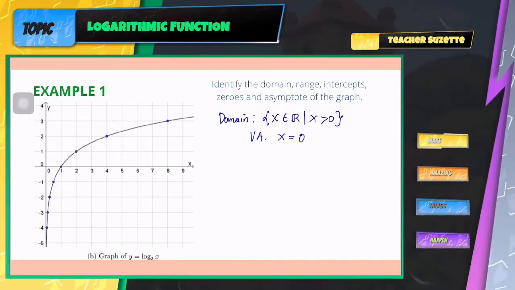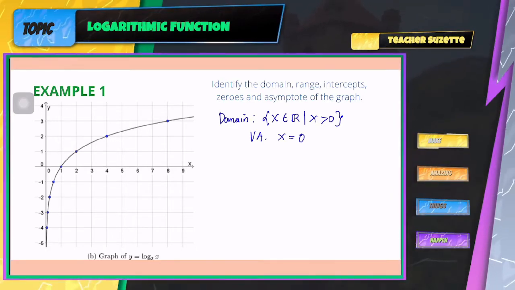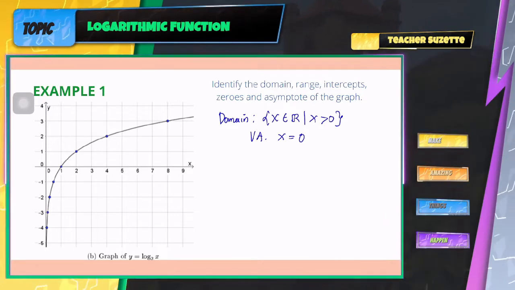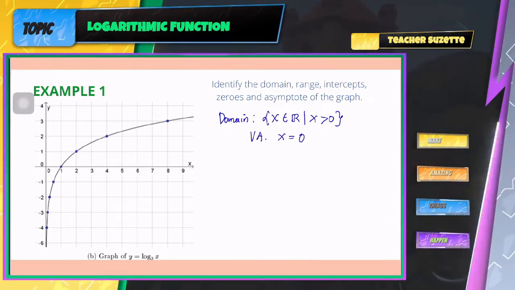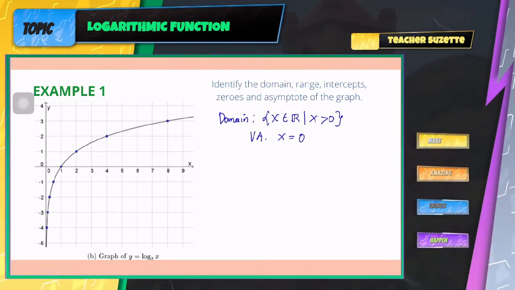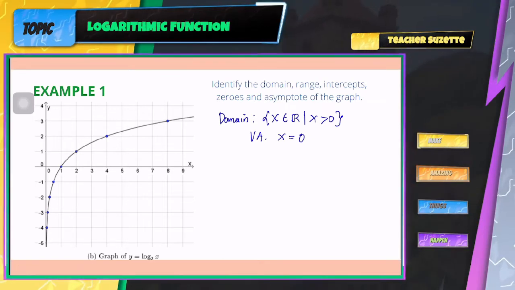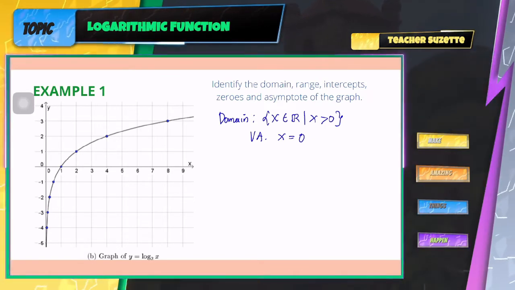So for our range, let's look at the values of our y. What are the possible values of our y when we input the values of our x? Upon checking our graph, you can see that we have positive and negative values, and the set of all real numbers is included as part of your range.